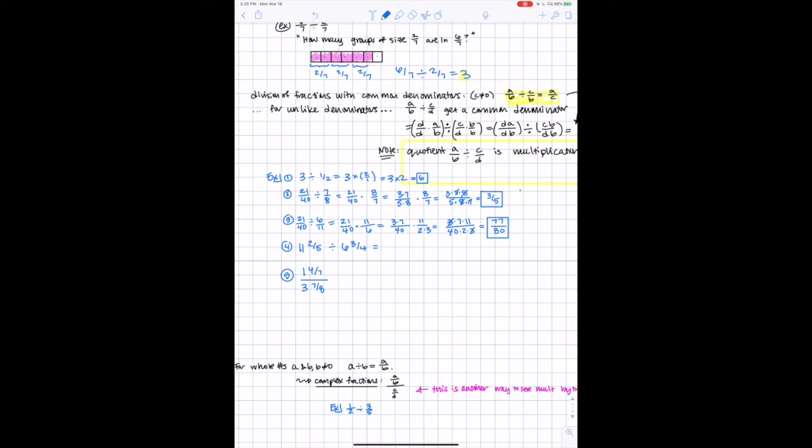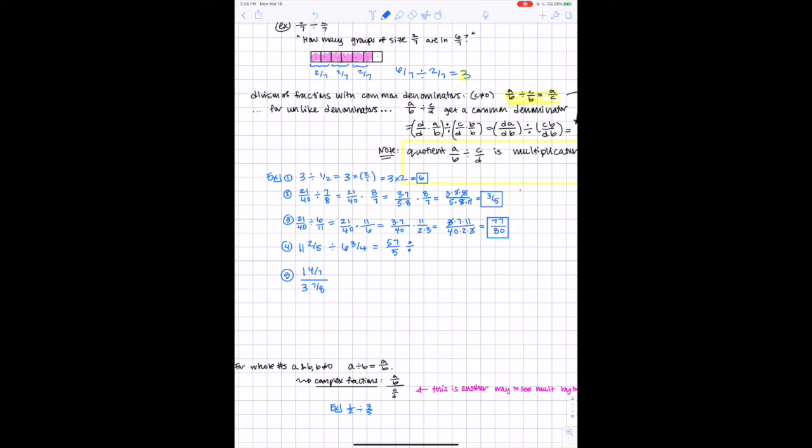So I'm going to write 11 and 2/5 as an improper fraction. 11 times 5 is 55, so this should be 57/5. And it's divided by 6 and 3/4. 6 times 4 is 24, so 6 is 24/4 plus 3.